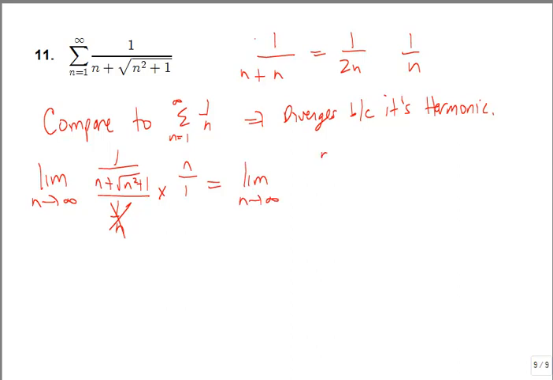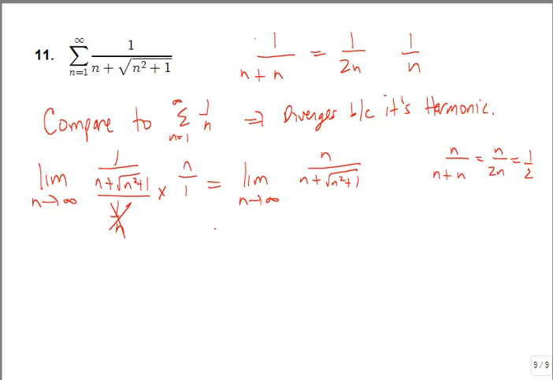So we get n over n plus square root of n squared plus 1. Now you can be fancy here if you want. I'll show you the formal way to do this, or you can just look at those dominant terms. In the dominant term, on top would be the n, and on the bottom we have that n, and the square root of n squared again is going to go to n as well. So this is really acting like n over 2n, which is going to go to a half. So that's what the limit actually is.